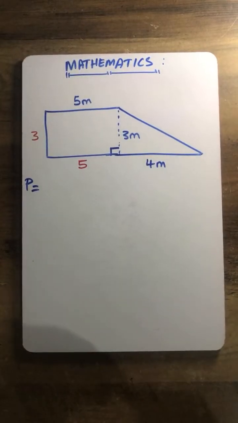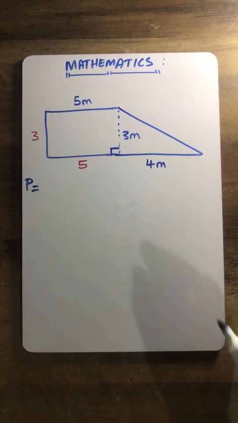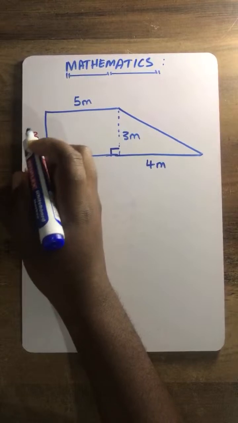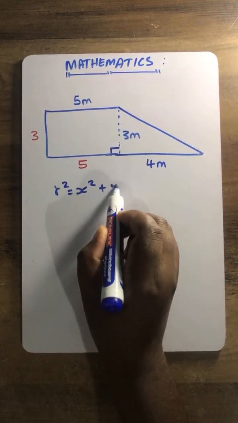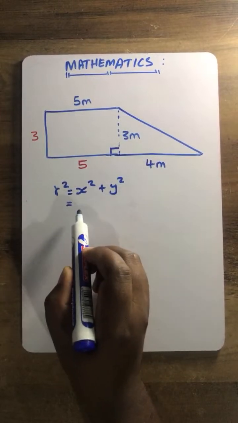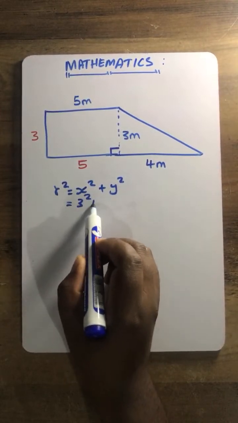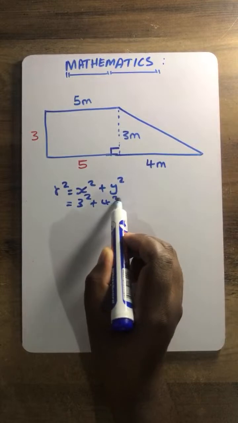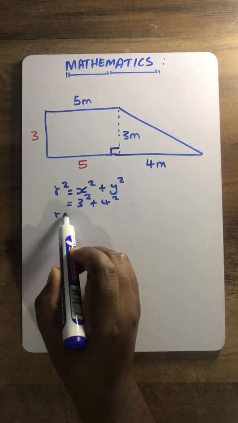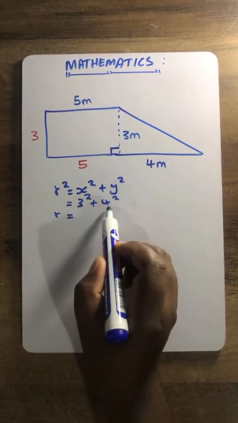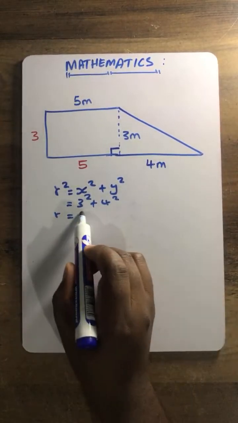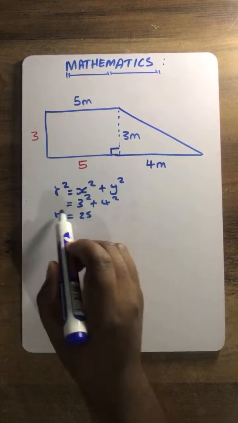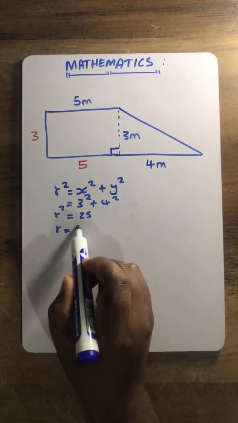Okay, let us see. So that means r squared equals x squared plus y squared. Therefore, I'm having 3 squared plus 4 squared, and then r squared is 9 plus 16. 9 plus 16 is 25, and then that means r will be equal to 5.